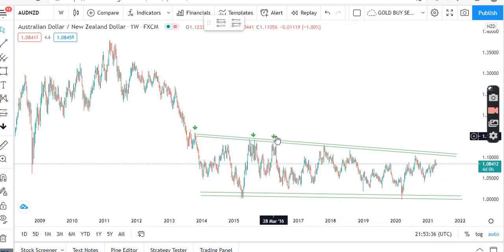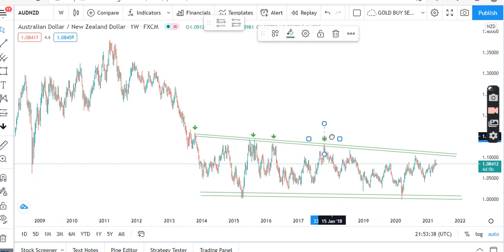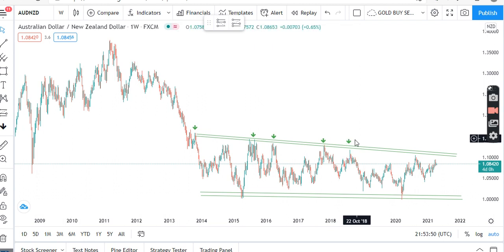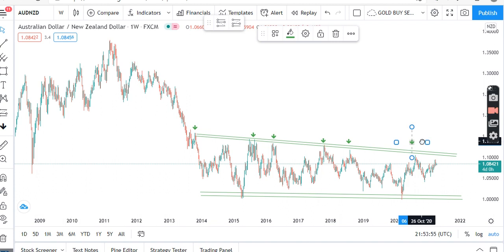That was another selling opportunity. We had another point there. Okay, all right, we had a lot of selling opportunities here, and we had another one here, and it's like we're about to have another one just in front of us, the one there.